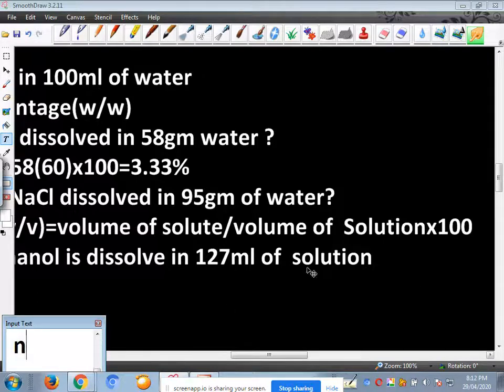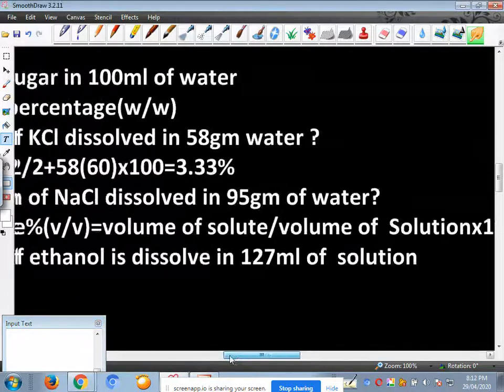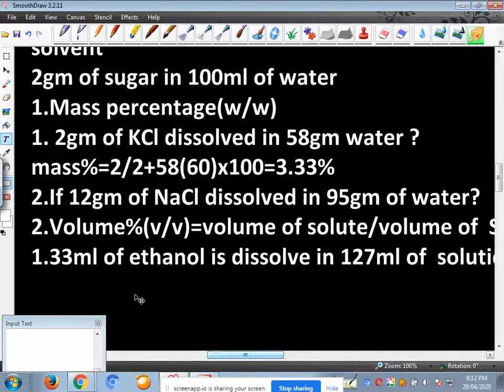So what is the answer for this? I think you have solved it or you are still solving. Here solute is ethanol because it is the lesser amount, and they have given 127 ml of solution, so directly you can apply the formula.